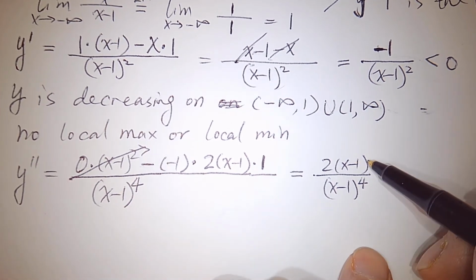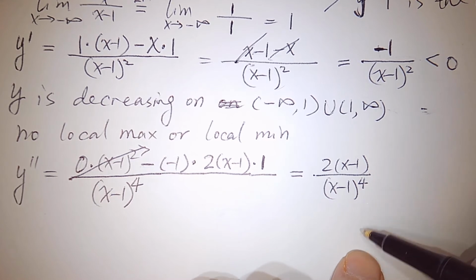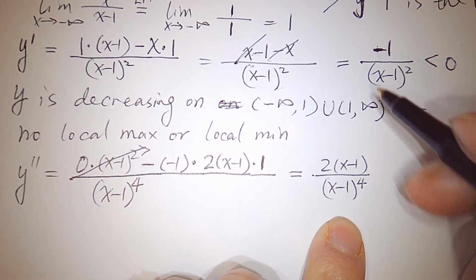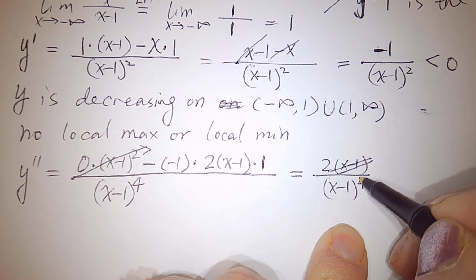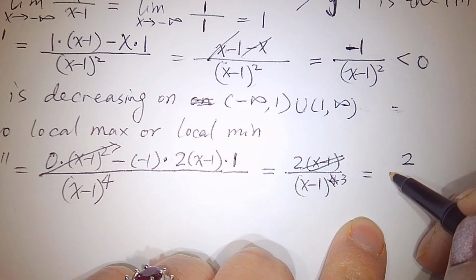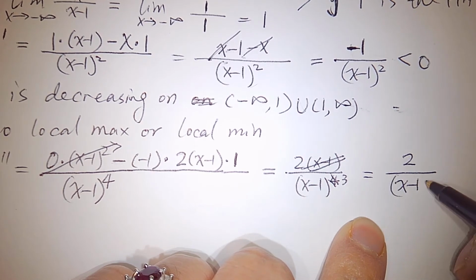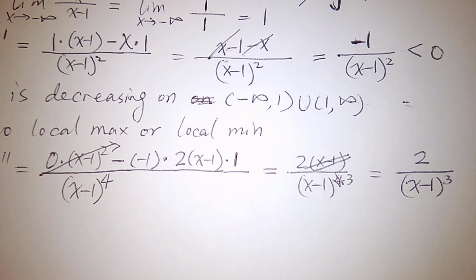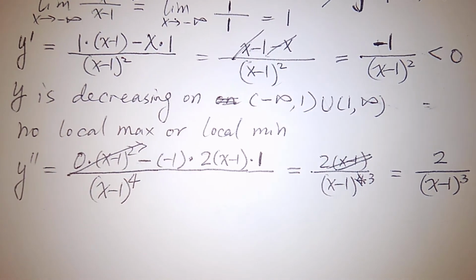And can we cancel out this x minus 1 from both top and bottom? Yes. Why? Because x cannot be 1, so x minus 1 cannot be 0. So eventually, it is going to be 2 over x minus 1 to the cube. This is the second order derivative of y.